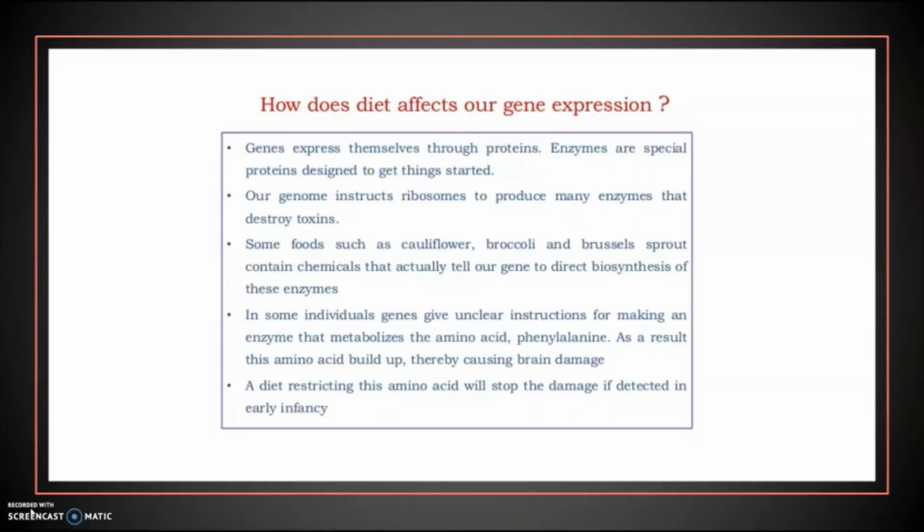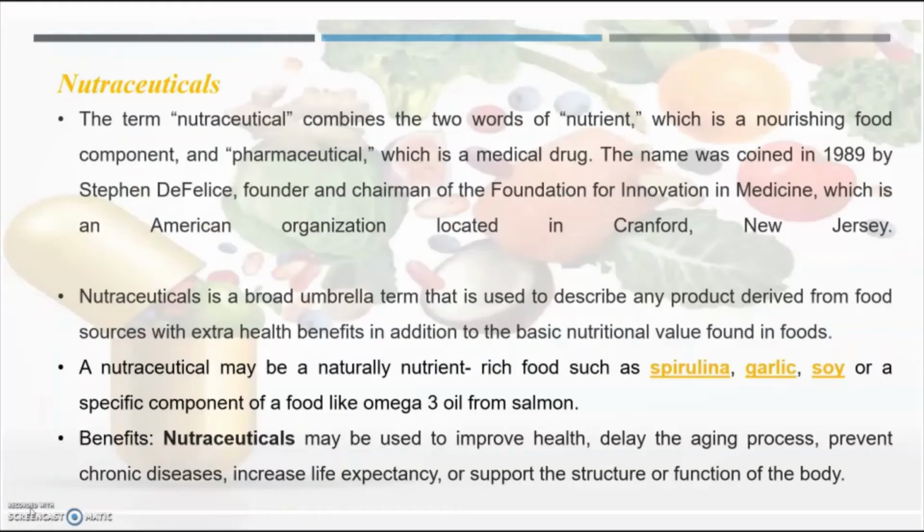But in some cases, the gene will only give some unclear instruction for making an enzyme for the metabolism of that concerned amino acid, phenylalanine. As a result, the level of amino acid will shoot up, and that will cause brain damage. So if you identify the particular gene, we can give some restricted diet so that the amino acid will stop the damage, if such things can be done, if we detect the problem during the early infancy period.